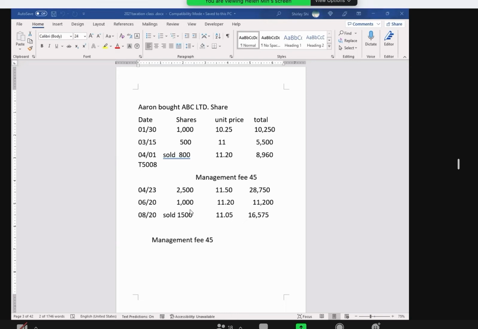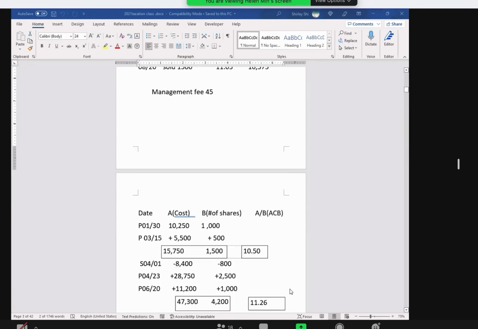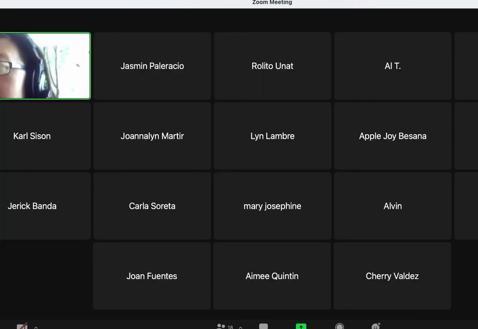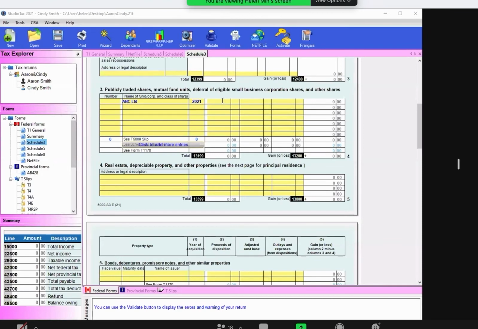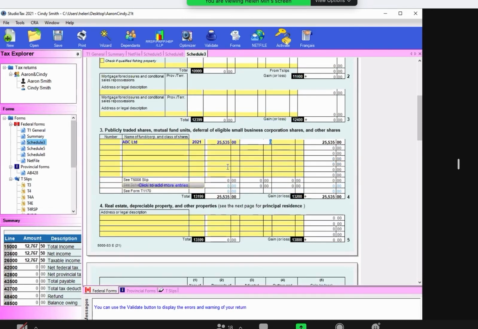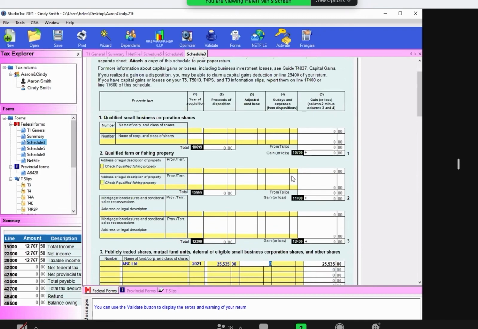So it's 25,535. This one is the sale price. You add up all the T5008s, that's easy.